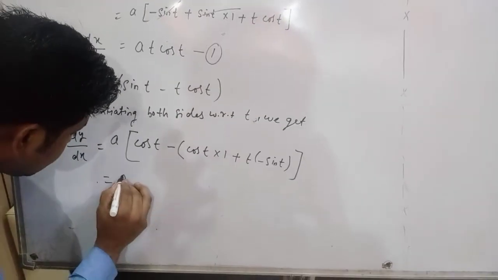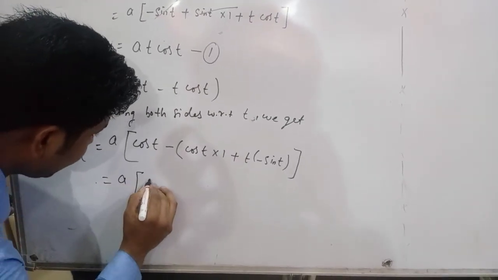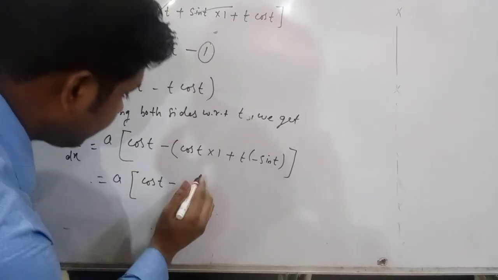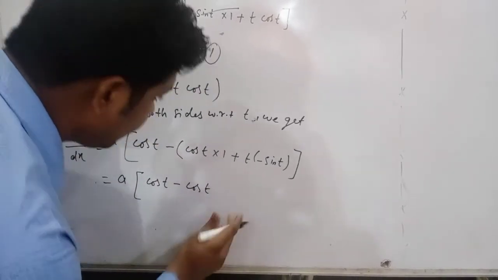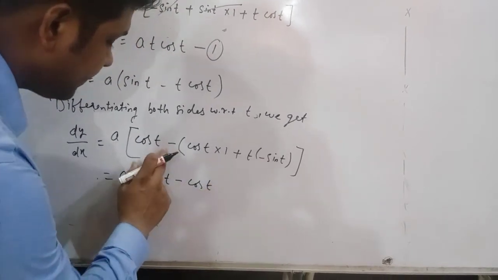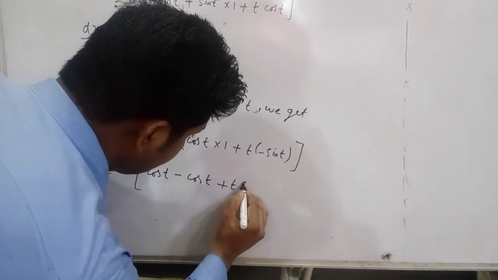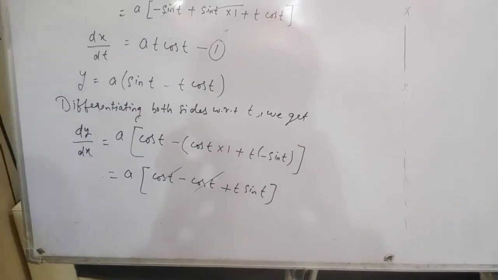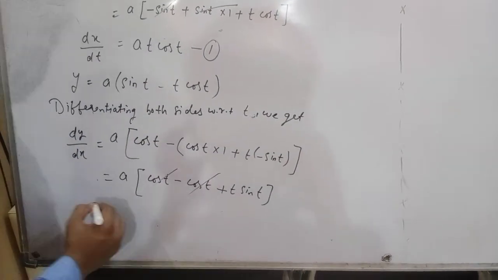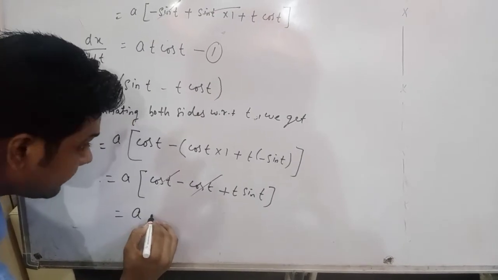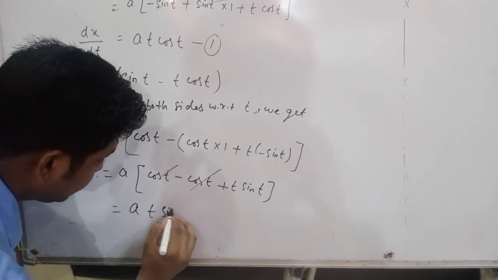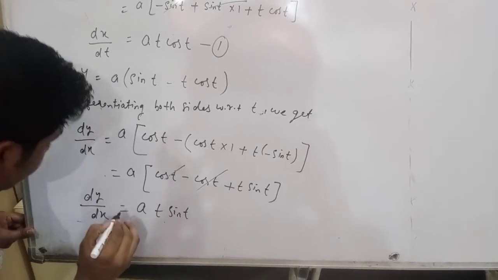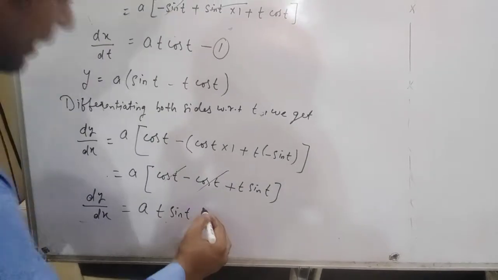After this, you will get cos t minus, this would be cos t, and here minus sign is coming in, here is minus, so you will write plus t sin t, and this will cancel out, and you will get a t sin t. This is your dy by dt, and this is your equation number 2.